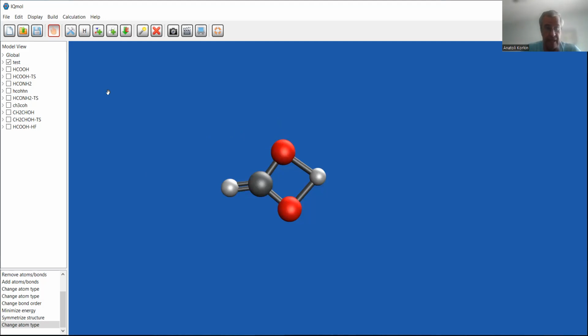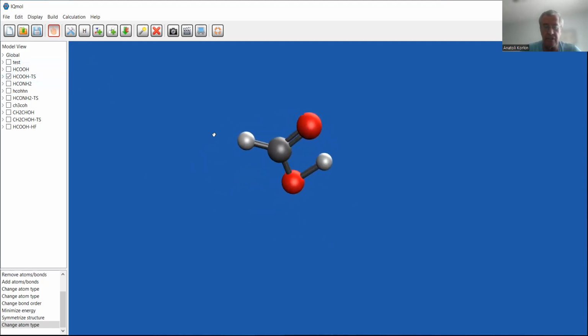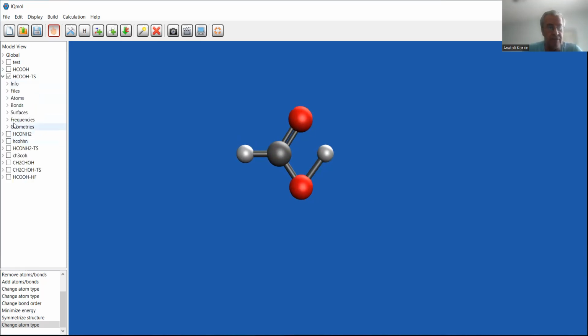However, for me to show you the transition state, I'm going to the transition state, and that's how it looks. This is a transition state which I have calculated. Let me show you in a better position. In order to be sure that it is a transition state, I need to look at the frequencies.